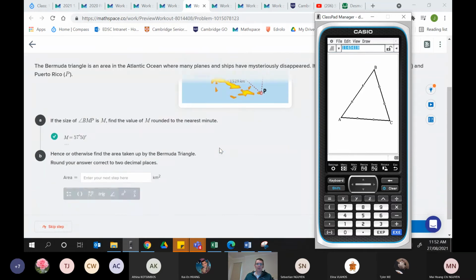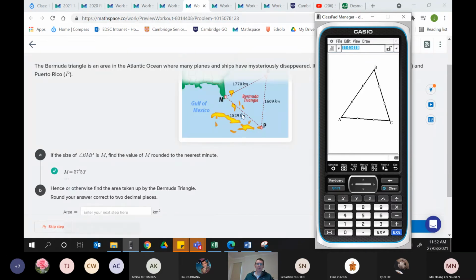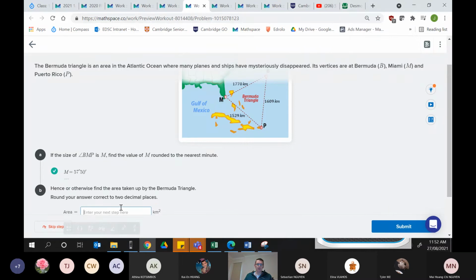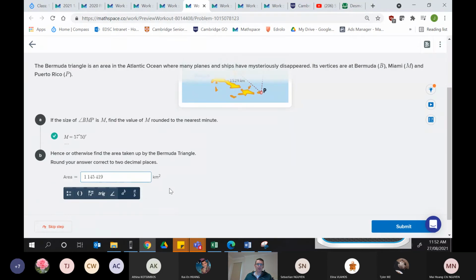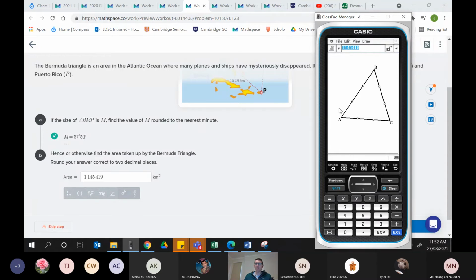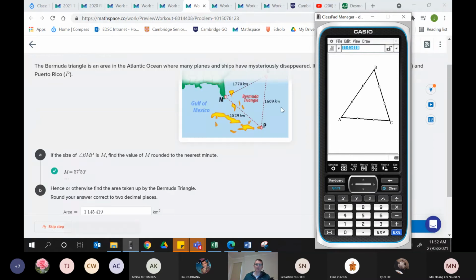There is a hack around this, which I don't really want to get into. If you put that in, you'll probably find you won't get it because you've got to get the correct 2 decimal places. So we actually do need to go back and use the formula. We could scale it down because we do know that. What I mean by that is you could change this to like 1 point.